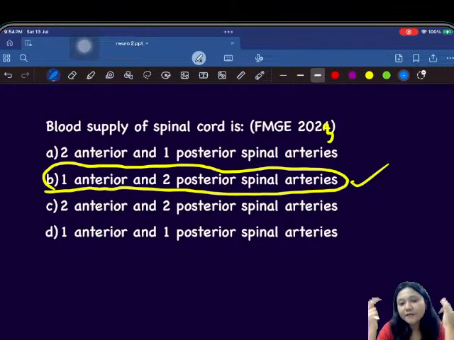Now there is another question on the pterion. We already know that there is an H-shaped suture in the head, and it has 4 bones. In that area it is the weakest point of the head. So if you get a blow on the pterion, an artery lies beneath that. So what is that artery?